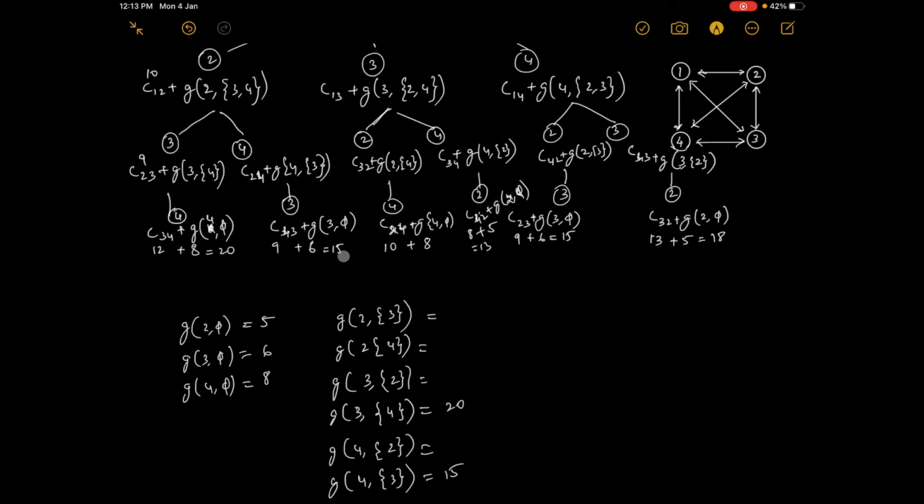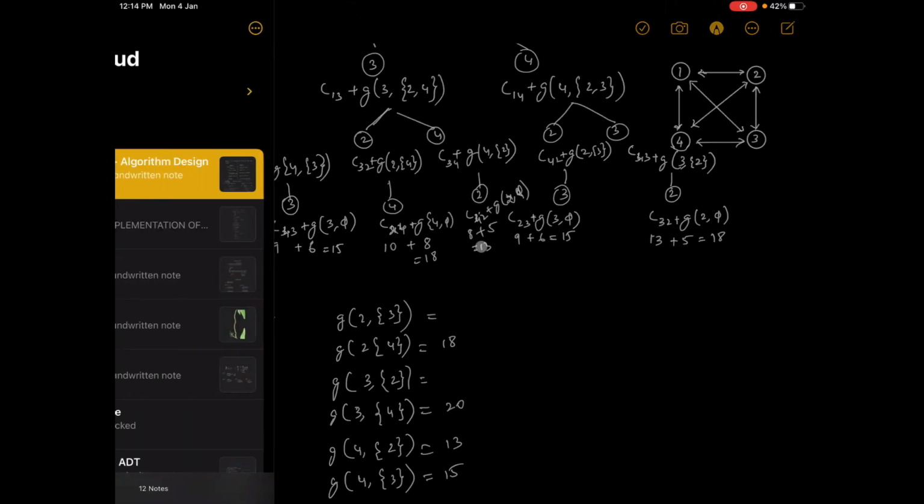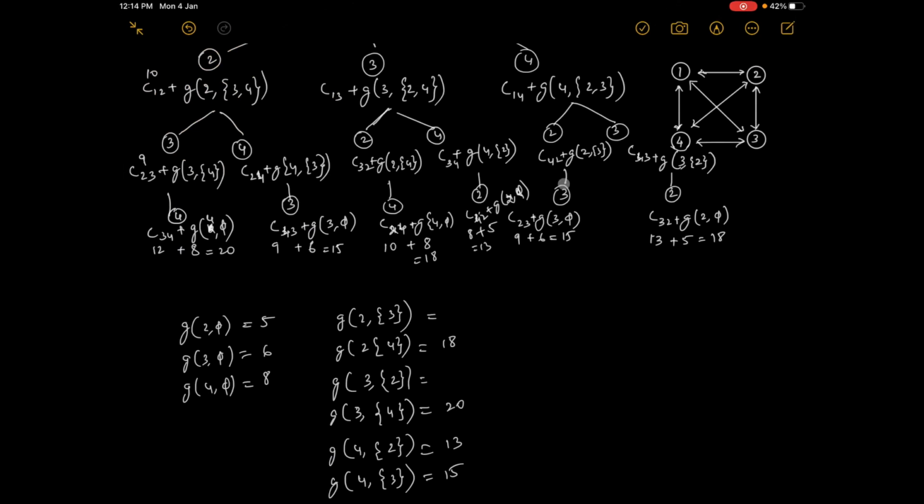Then g of 2 comma 4 is 18. And g of 4 comma 2 is 13, correct? G of 2 comma 3 is 15. Then g of 3 comma 2 is 18.